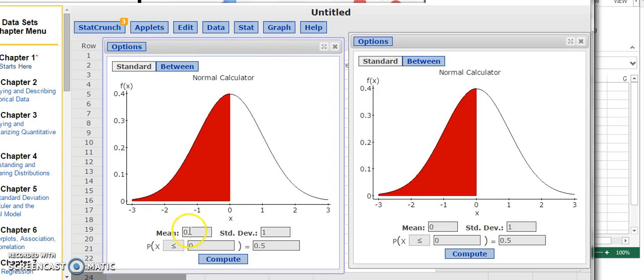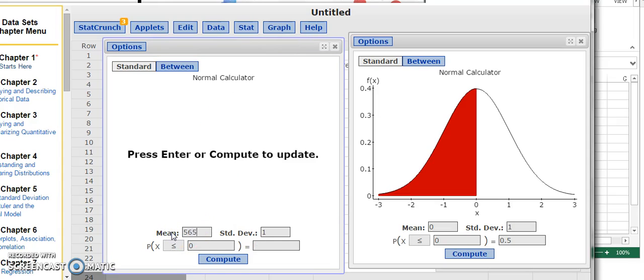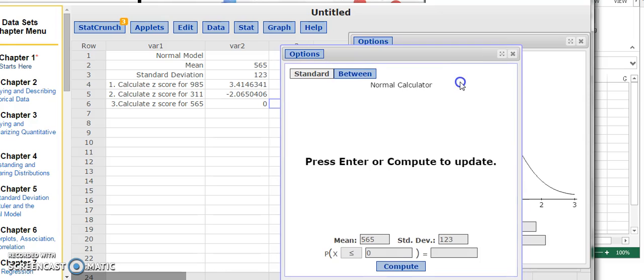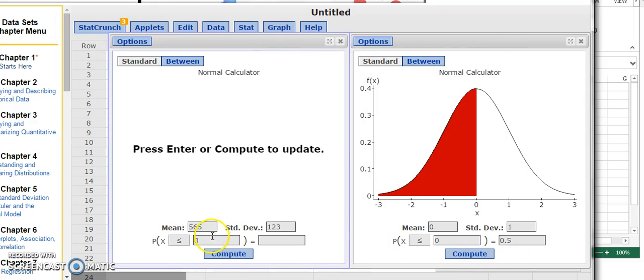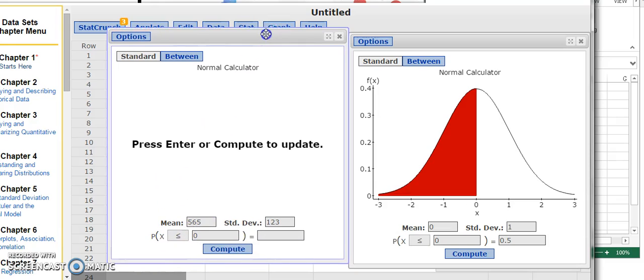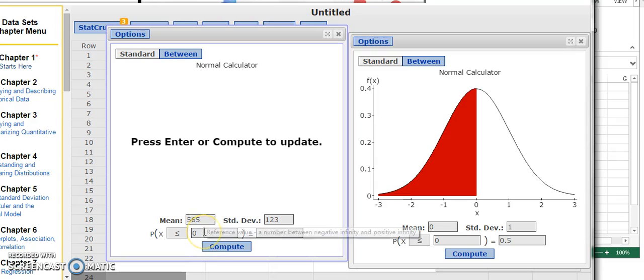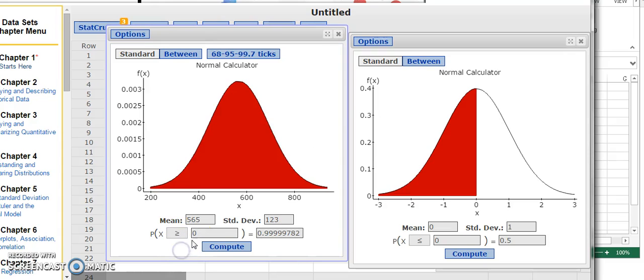In the first one, put in the mean 565 and the standard deviation 123. Our first number is 985. When you're using StatCrunch, you want to compare the value you're looking at to your mean. 985 is greater than the mean, so we're going to flip this sign to greater.